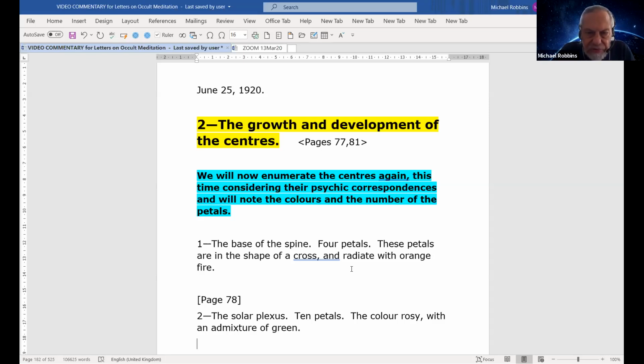When we reach the 5th round, he tells us that the root number will be 5 when it comes to the enumeration of petals in the various chakras, because it will be the 5th round. Okay. And that's an odd number, and that's rather interesting.